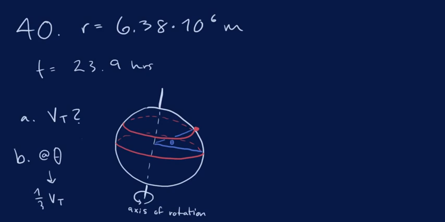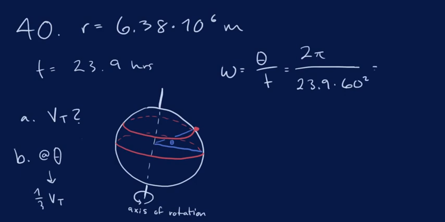So first things first, we know that omega equals theta over time. And theta is going to be 2 pi because it's making a full revolution, and the time will be 23.9 hours times 60 minutes times 60 seconds, so we can just say 60 squared. So the angular velocity will come out to be 7.3 times 10 to the negative 5th radians per second.